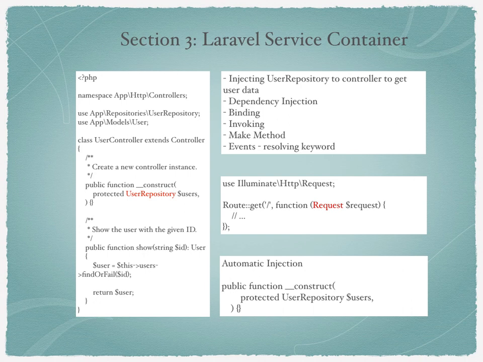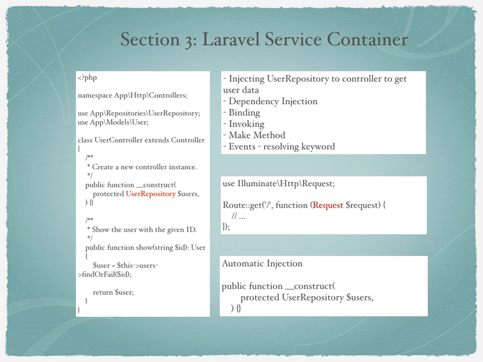There is also automatic injection available. If we add any repository inside a constructor function, it will automatically trigger whenever required throughout the class. No need to call it directly.